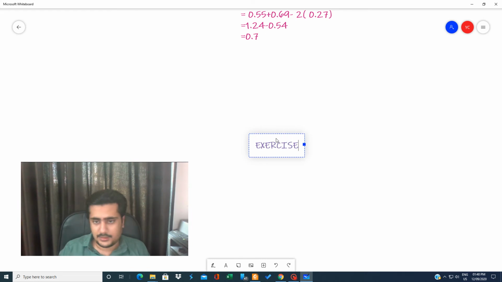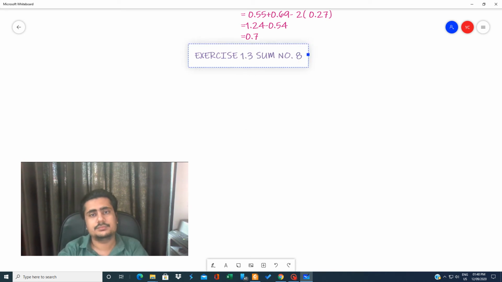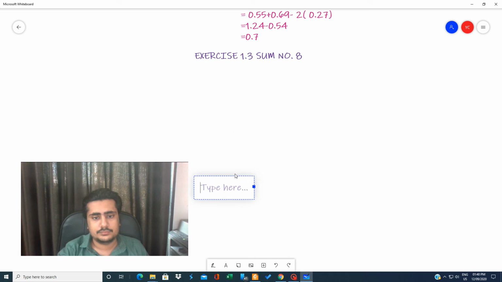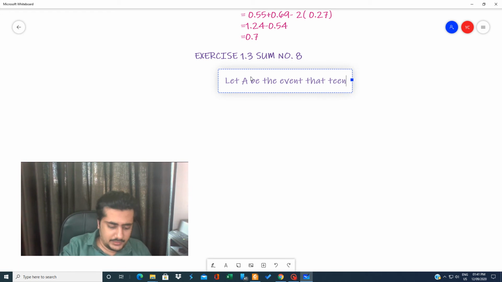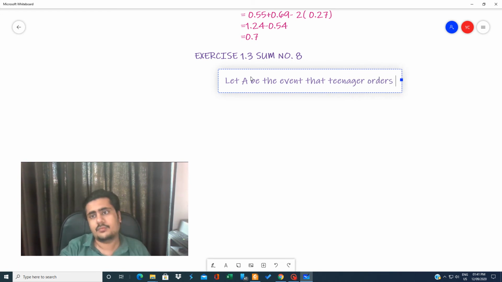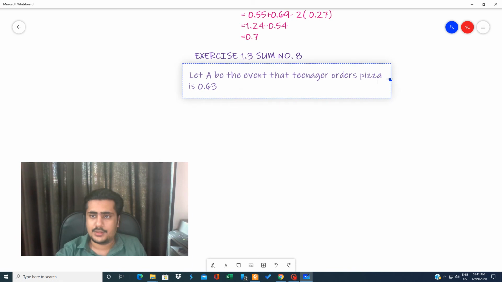So, let A be the event that a teenager orders pizza, which is 0.63.